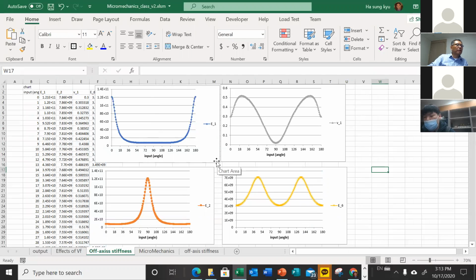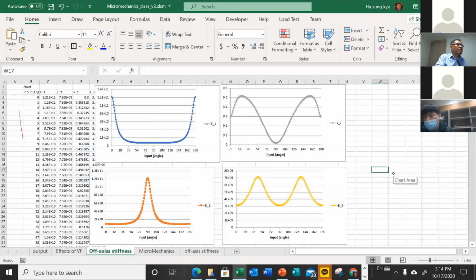So as we expected, well, not easy to expect at this point, the angle is changing from 0 to 180 degrees, and the stiffness, Young's modulus E1, goes from here to 90 degrees and 180. As you can see, 180 is going back to the original coordinate system, and so on.